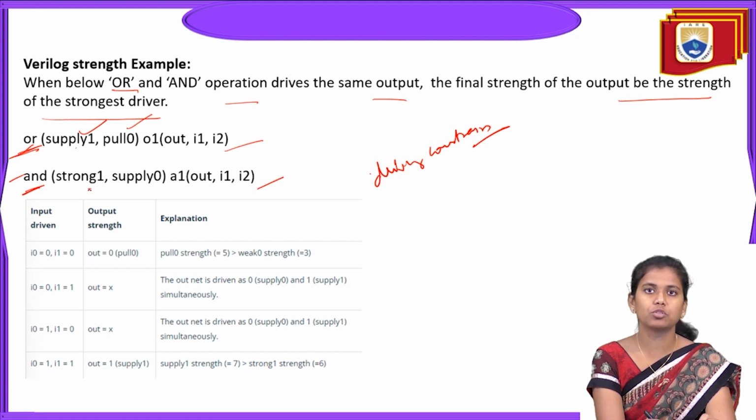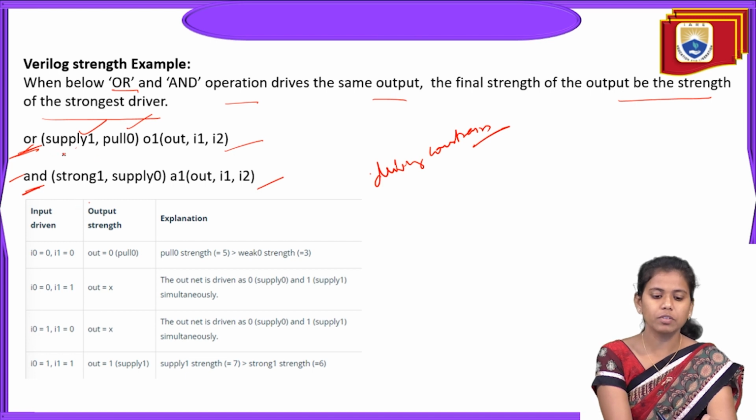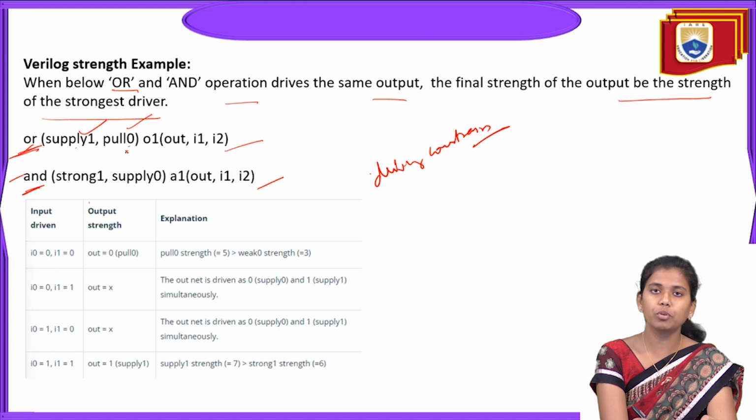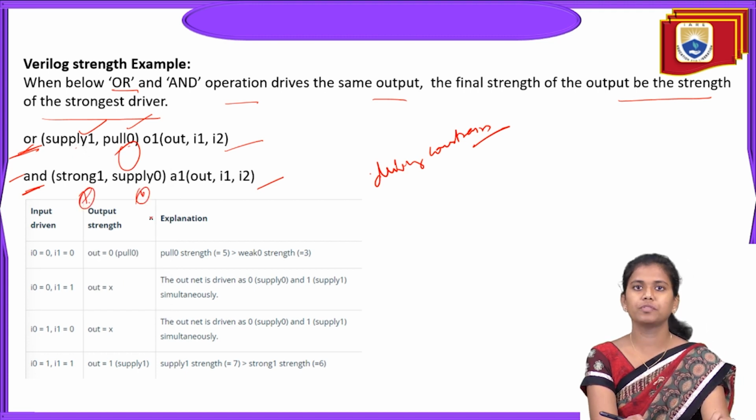Only the representations of the signal strengths, the strength levels, differ. See here we see the supply drive and the weak drive. This pull drive holds a value of 5, I guess, and supply drive holds a value of 6. Whereas a strong drive holds a value of 7.